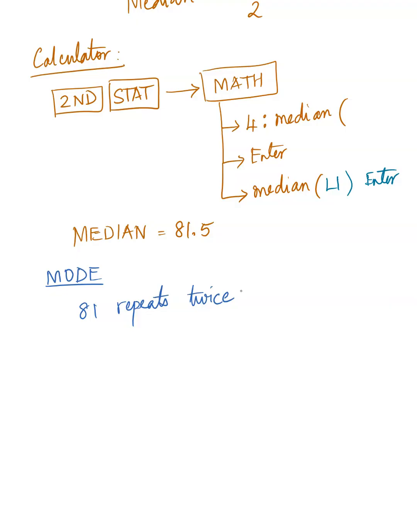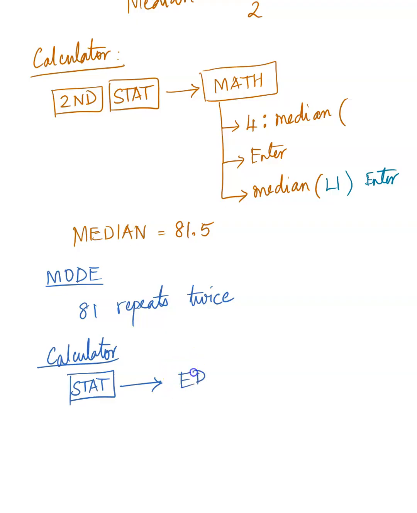Now, how do we do this on a calculator? Again, it's easier if you have a smaller set to just do it manually. If you had a larger set, what we ask you to do is, you already have your list, isn't it? So what we're going to do on the calculator is go to stat, and then go down to the sort menu.